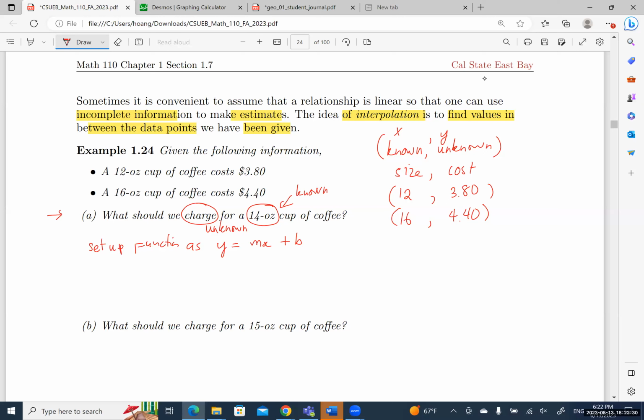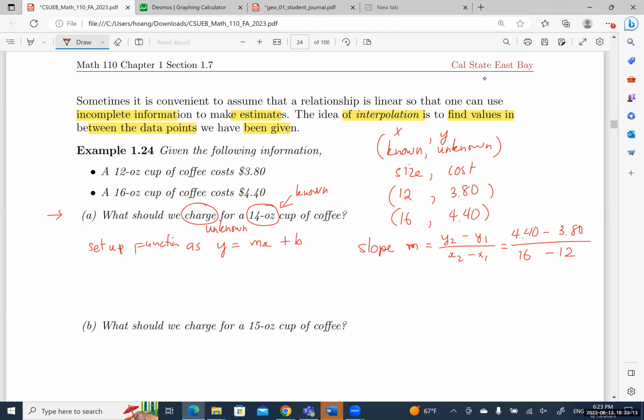So the slope m equals y2 minus y1 over x2 minus x1. Then you have y2 here as 4.40 minus y1 here as 3.80, and you divide by x2, which is 16, minus 12.